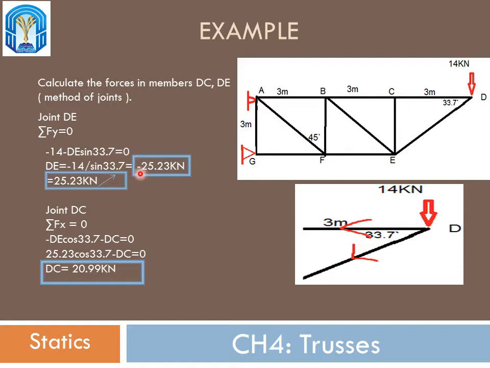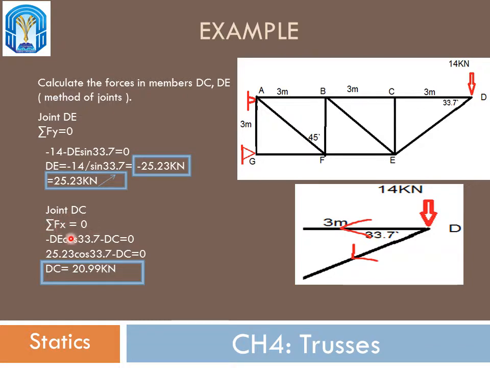If we get a minus, that means we assumed this force in the wrong direction, so we write it again without the minus and put a new direction for it. Now we have found the force in DE, and now we need to find DC.